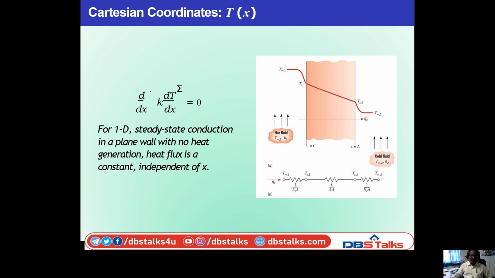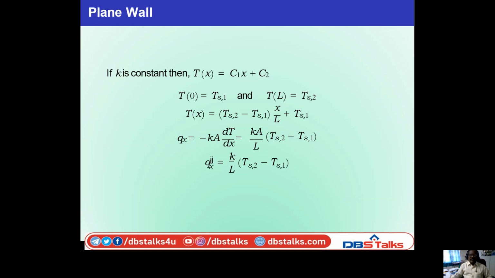Integrating twice, we get the equation T of x equal to C1x plus C2, where C1 and C2 are constants. We have to find the values of C1 and C2.